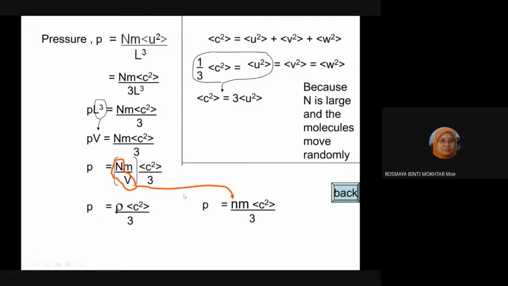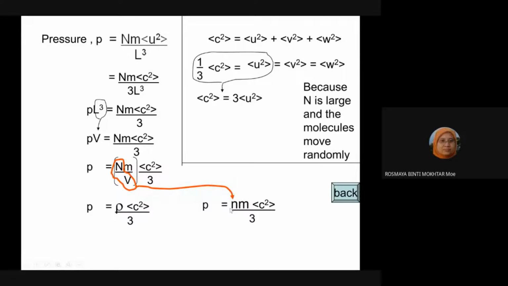Another one we can write with the number density, the number of molecules density. The number of molecules per volume is n, small letter. This is not the number of moles, even though we use the same symbol. A common mistake students make every year is to confuse this letter n with the number of moles.